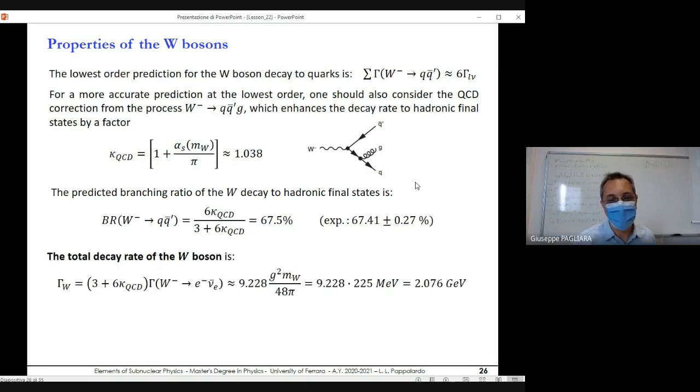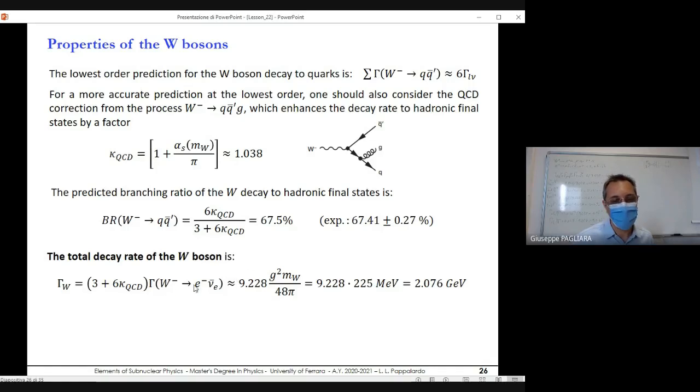And now, also considering this QCD correction, we can compute the total width of the W. Still using the first width that we calculated before, the one of the electron, and just multiplying it by the proper factor, which is 3 for the 3 lepton families plus 6 for the quark families, corrected by the QCD radiation.